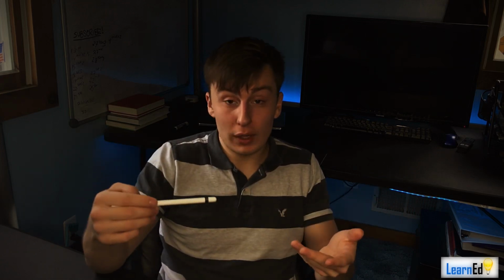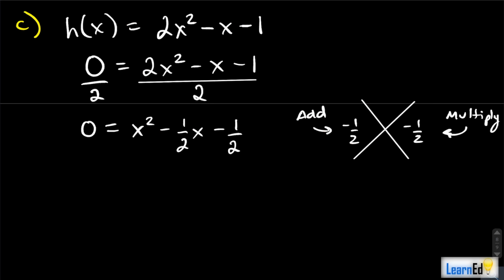Well, actually, it's negative 1 and a half. It's negative 1 and a half, because negative 1 plus 1/2 is negative 1/2, and negative 1 times a half is negative 1/2. So it's going to be negative 1 and 1/2.